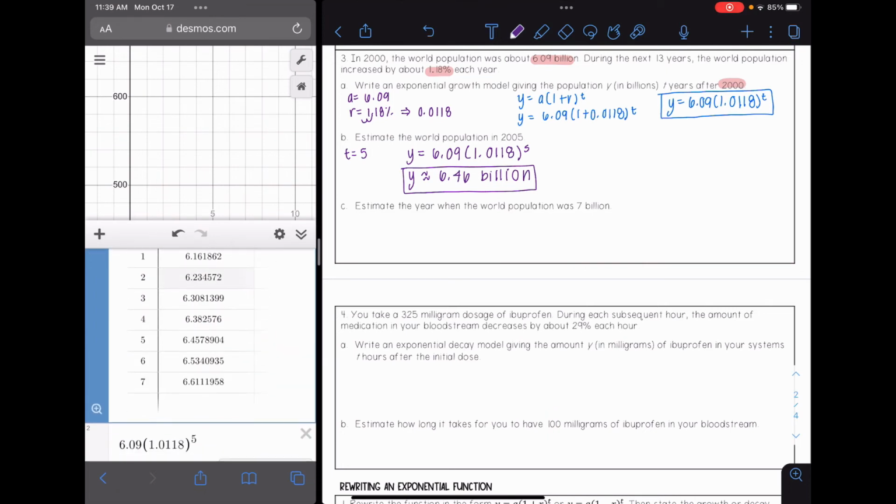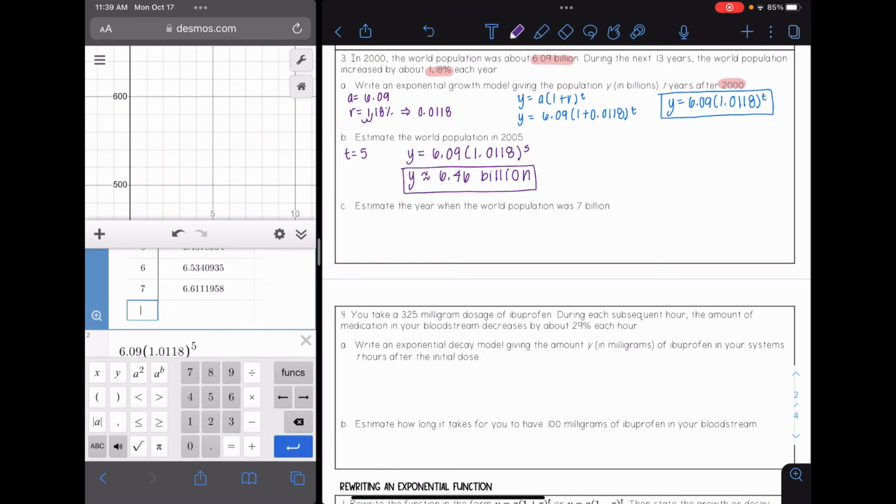And I see to get to 7 billion, let's see what we get. It was approximately 12 years. And so 12 years past 2000, that's going to be the year 2012.